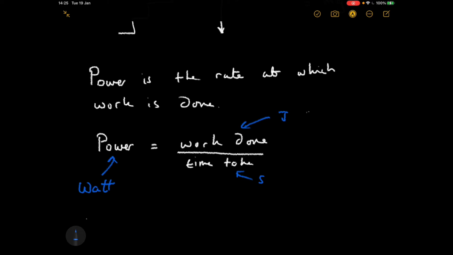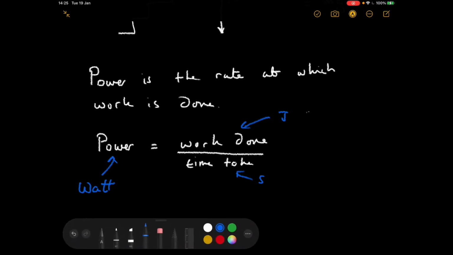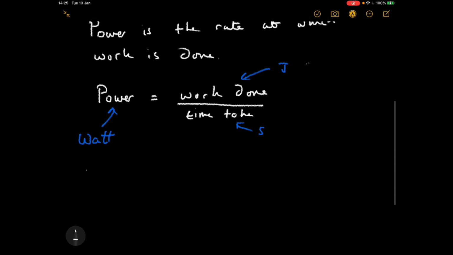If you want to know what a joule per second feels like, get something like your pencil case, lift it above your head, and that's about 1 joule. Doing that repeatedly once a second is a power output of about 1 watt.